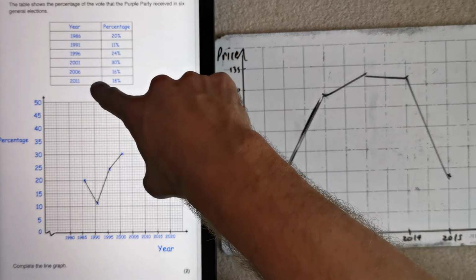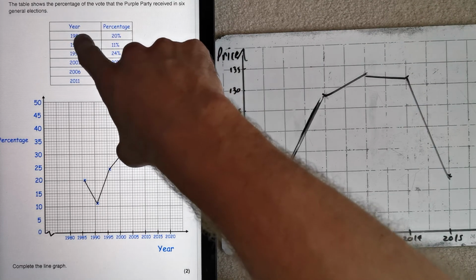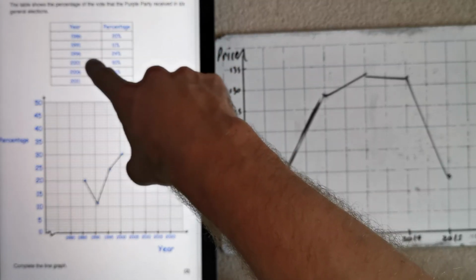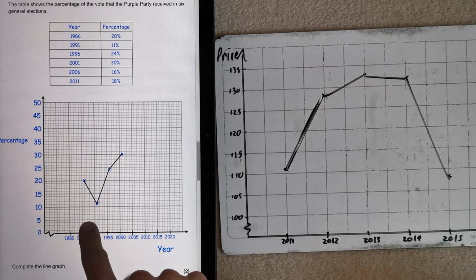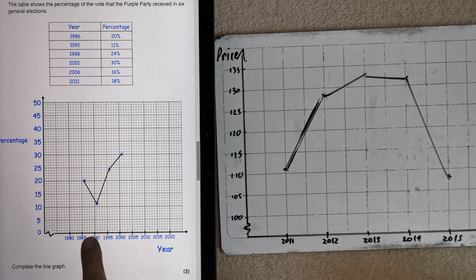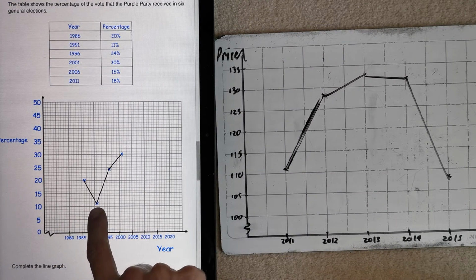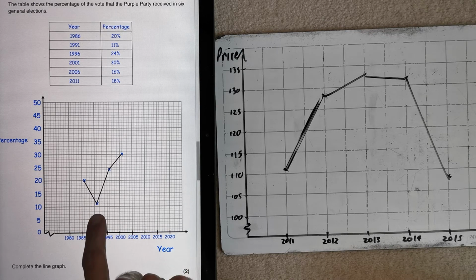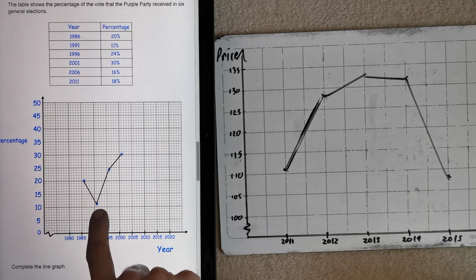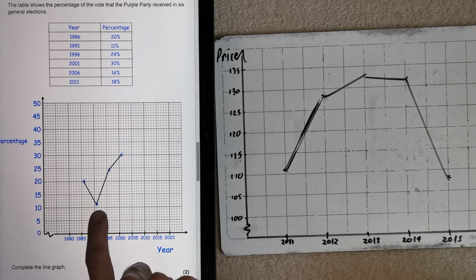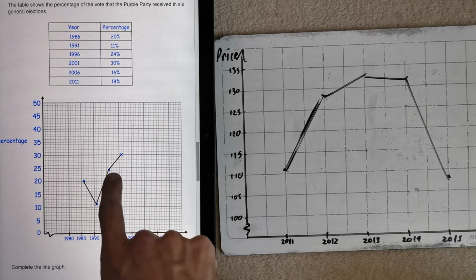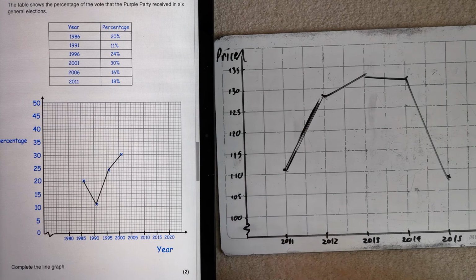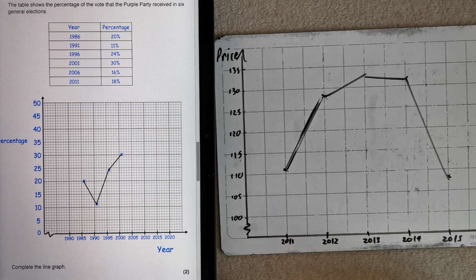Now, you might notice on this one that it goes 1986, 1991, 1996, 2001, and so on. So in this case, you can see that the plots aren't on the bold straight lines. They're on the slightly off ones because it's not in 1990, it's in 1991. It's not in 1995, it's in 1996 and so on. Just got to be mindful of that when you're doing line graphs.